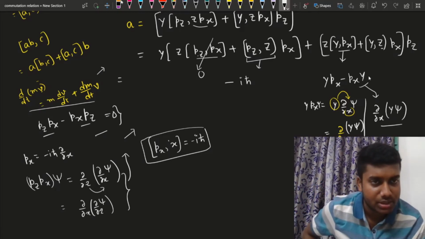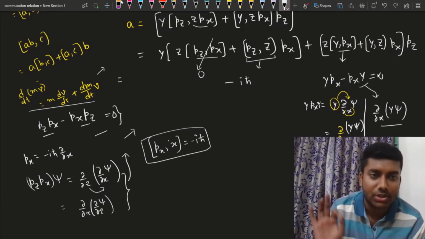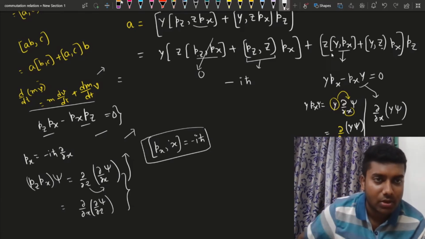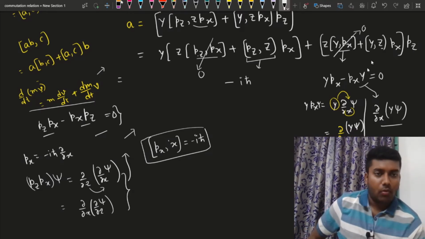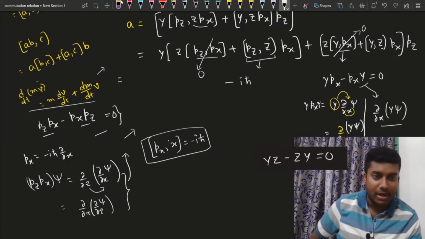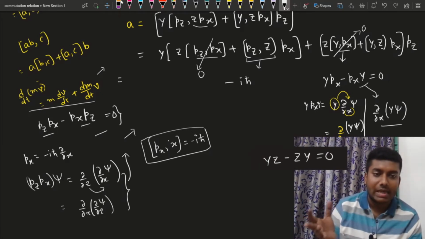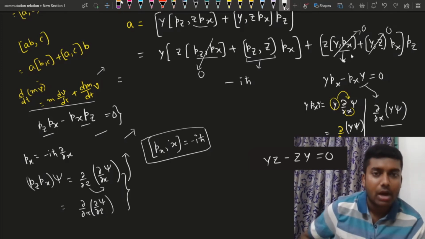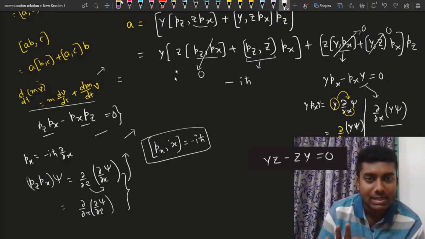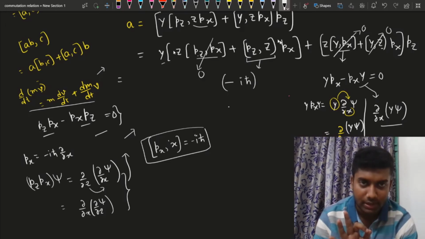That means this will just give us 0. That means this will also turn out to be 0. And the commutation of yz will be y comma yz minus zy. These two are just the same, so this will also be equal to 0. So this term will also vanish, so we are left with only one term, and only this will survive.